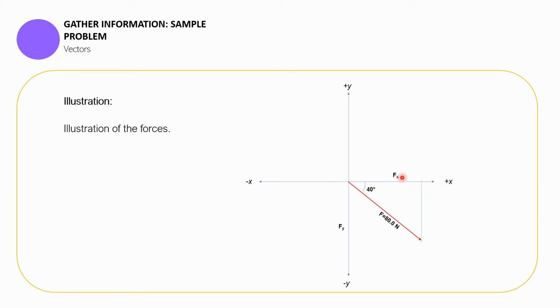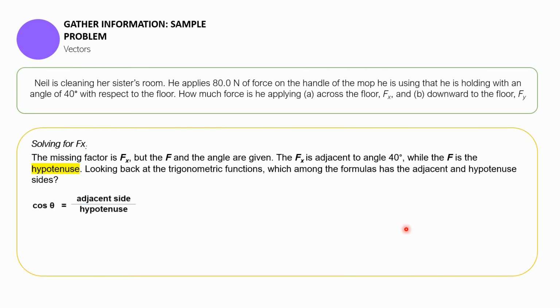So, since we're looking for the adjacent, for the value of f of x, which is adjacent to this angle, and given yung hypotenuse, which is the force applied, cosine is what we'll be using. Because meron tayong value for cosine theta, meron din tayong value for hypotenuse.